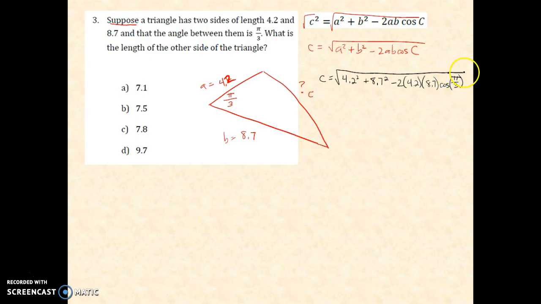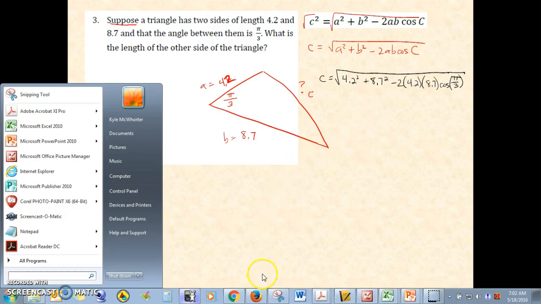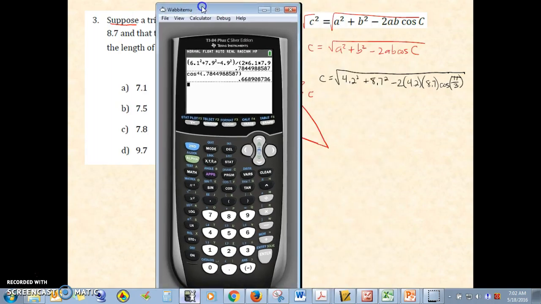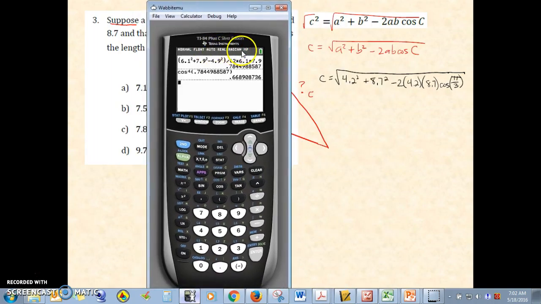Now pi over 3 is in radians, so I need to make sure that my calculator is in radians, which it is.